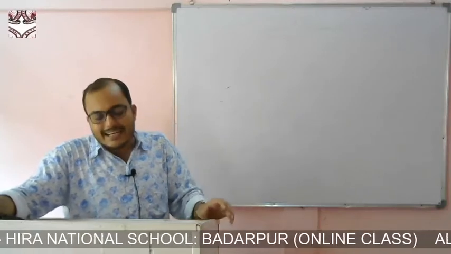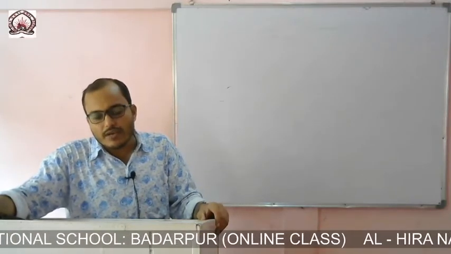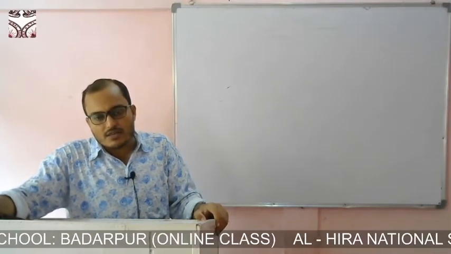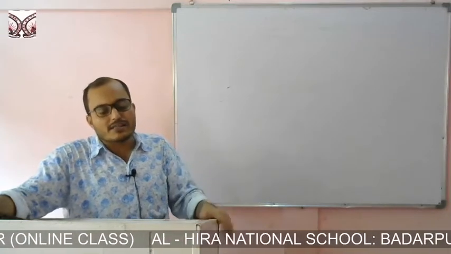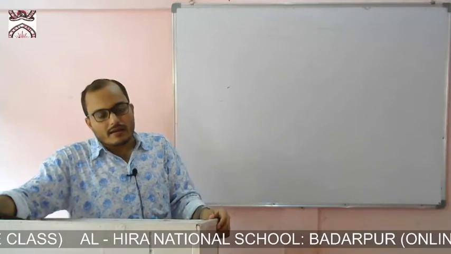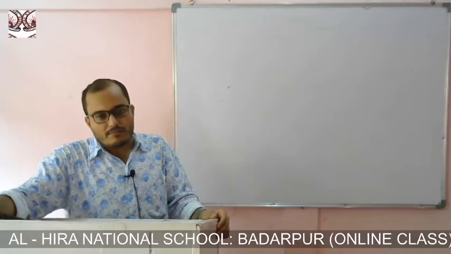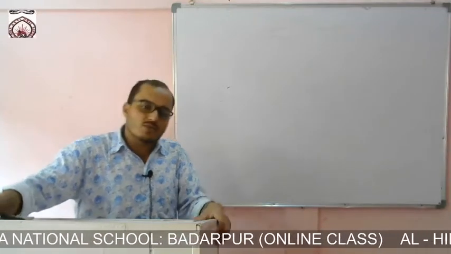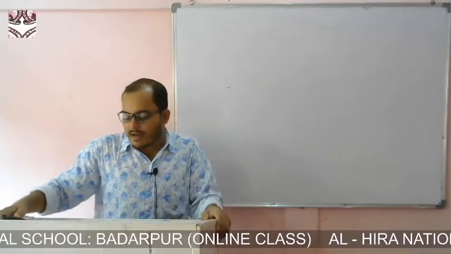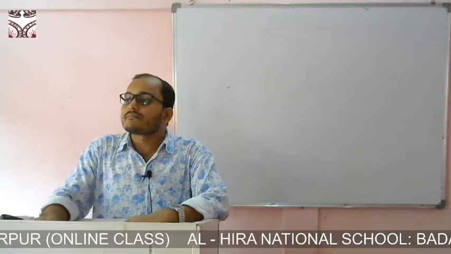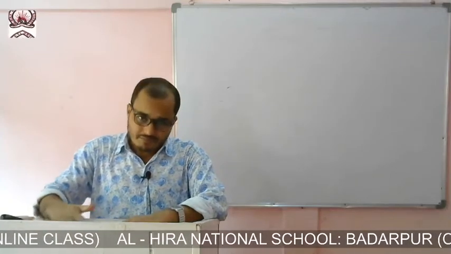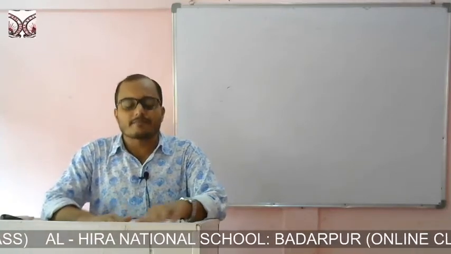Now, while discussing India's relation with Pakistan, we came to know how Bangladesh was created, how Bangladesh became independent and came out from the yoke of Pakistan. Now we will see the relation between India and Bangladesh. India played a major role in making Bangladesh an independent country.